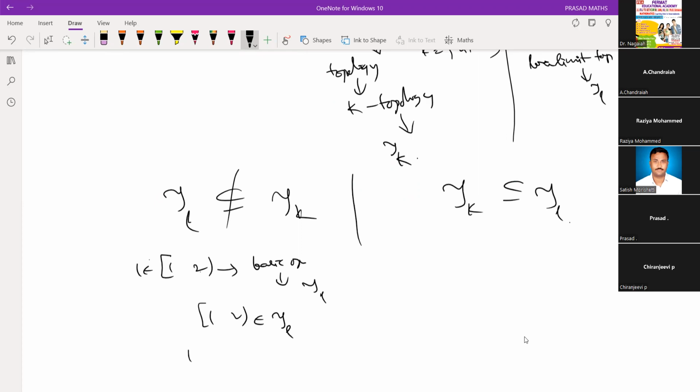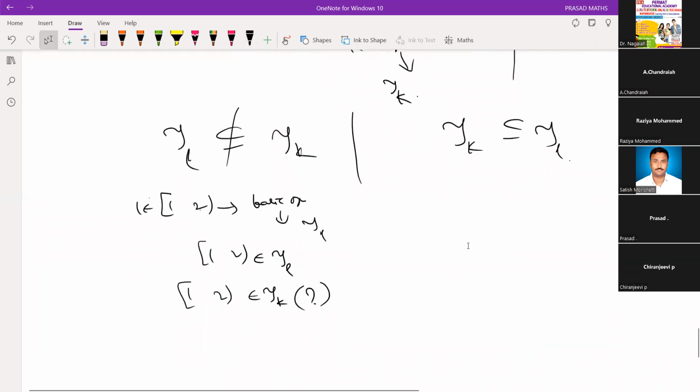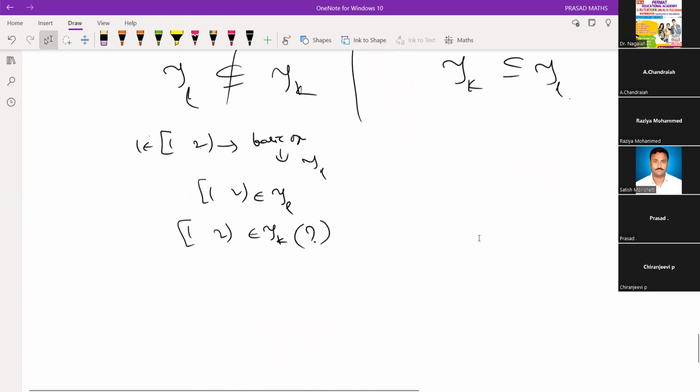The question is, is it open with respect to tau K? Is it open? No, right?